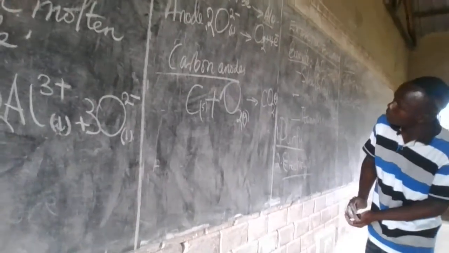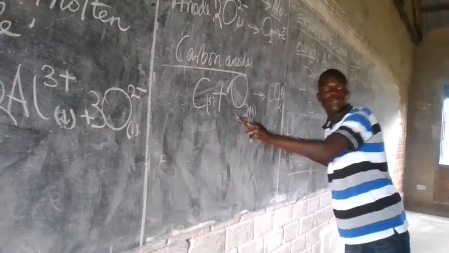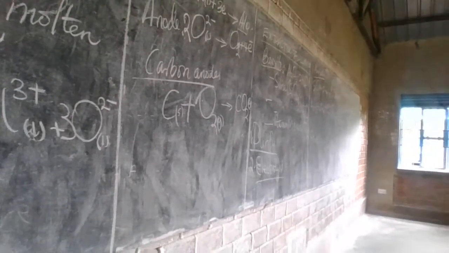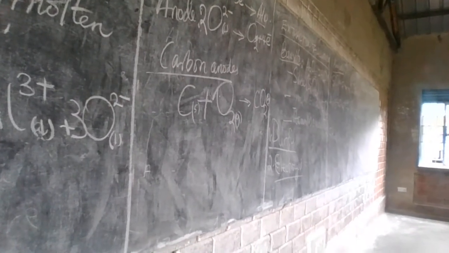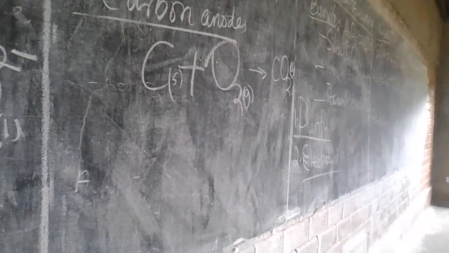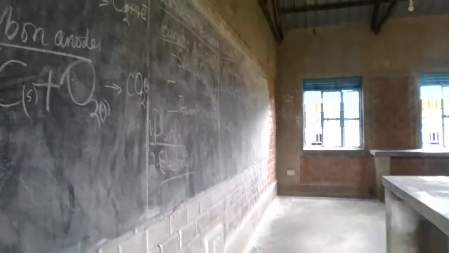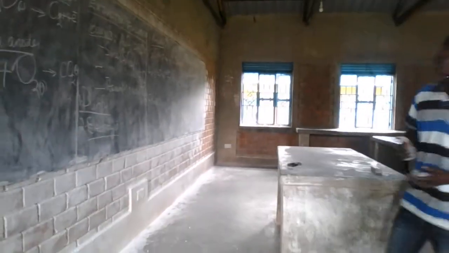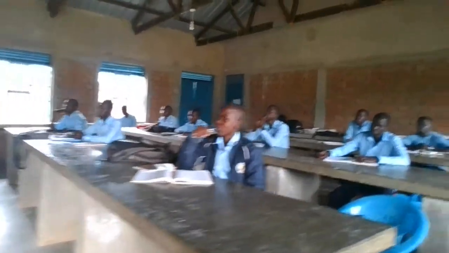So when carbon is able to react with oxygen, the electrode is reacting with oxygen also. So when the electrode reacts with oxygen, the electrode will keep on decreasing. So they will ask you, explain why during the process of extraction of aluminium in the electrolytic process, okay?